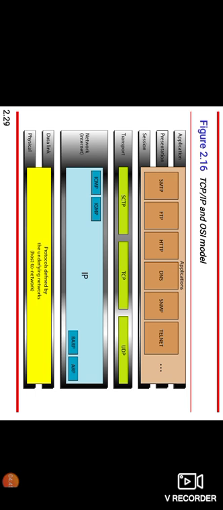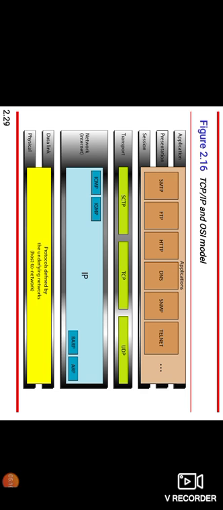As I told earlier, they do not define any specific protocol. They support all the standard and proprietary protocols defined by the upper layers. Then the network layer is also known as the internet layer.